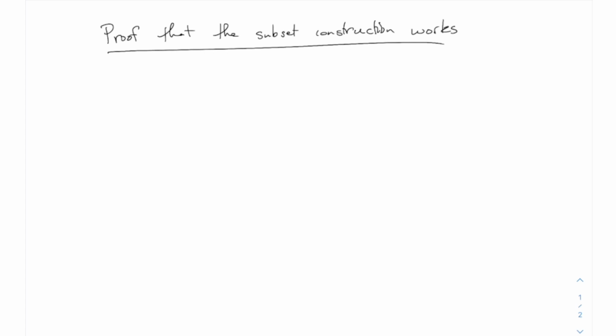So how it works, remember we start with the NFA. And I will write it using its formal description. I'll call it N for NFA, I guess. And let's say it has states Q. Just because I'm also going to talk about the DFA that we're going to make.